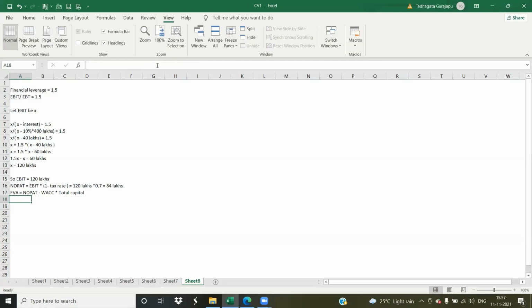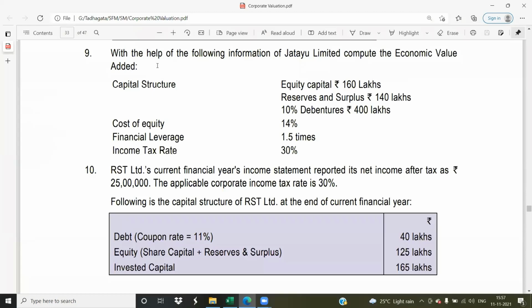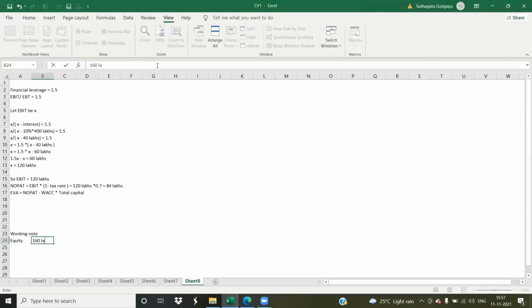So what is WACC? This one we'll calculate now. We'll do a working note. How much is the equity? 160 lakhs plus 140 lakh, that is equal to 300 lakhs.